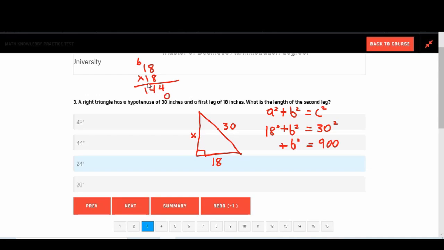Start by adding a 0 since we're starting this number. 1 times 8 is 8. 1 times 1 is 1. 4 plus 0 is 4. 4 plus 8 is 12. Carry the 1. So we can see that this is going to be 324.